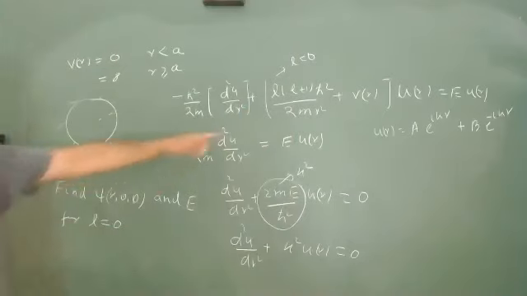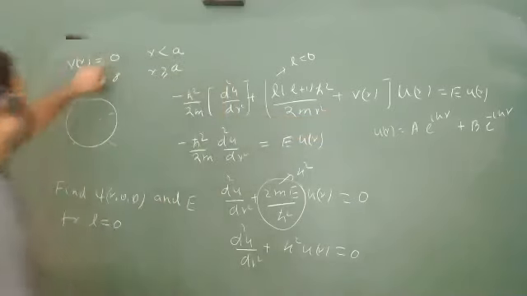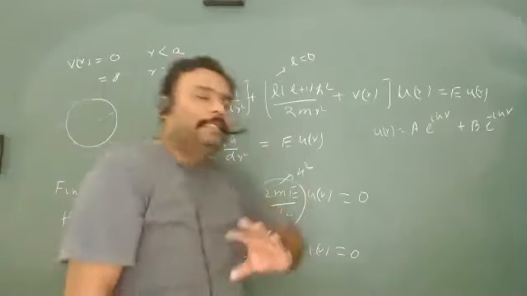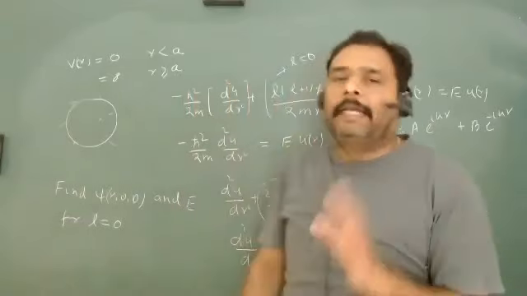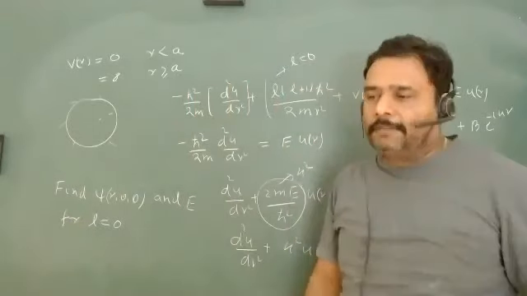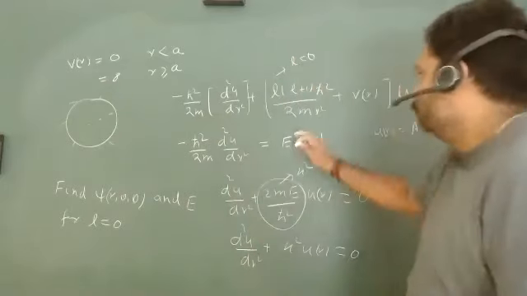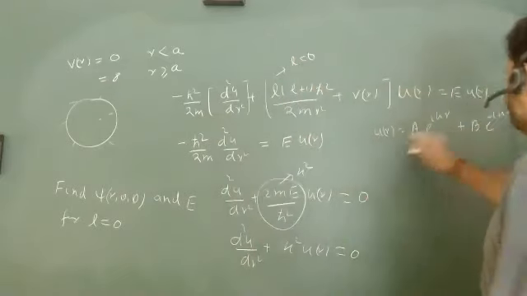And the potential is also 0 inside this box. The potential is 0, so all V effective is 0. Because if I put L, then this will be very complicated. And I promise you, I will solve it for that also, but in the scattering. So just let's see what will happen here.